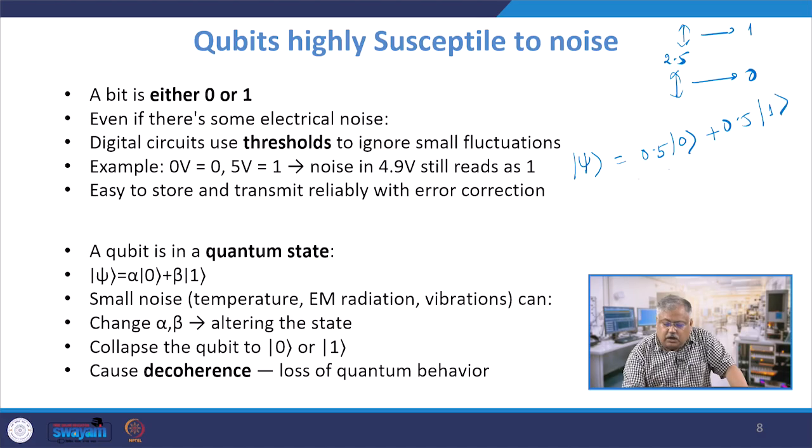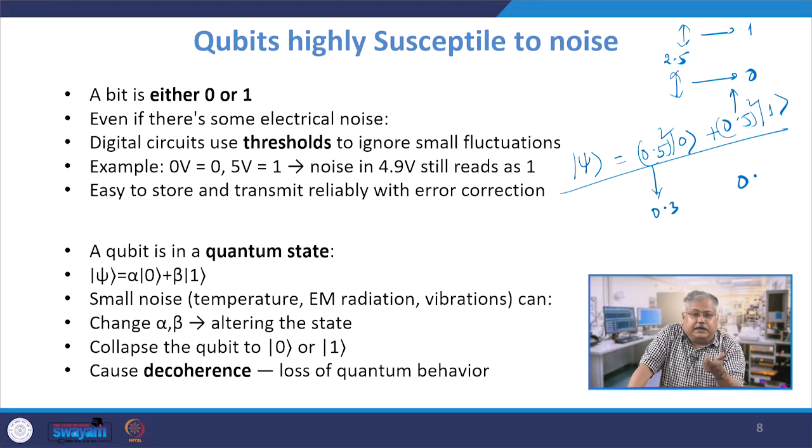If there is some noise, this suddenly changes state, say to 0.3 and something else, but you need to ensure this square plus this square equals 1. Within those boundary conditions, a small change causes a sudden change in the value of psi, and this causes decoherence, the loss of quantum behavior, which is possible with external electromagnetic radiation, vibration or a variation in temperature.